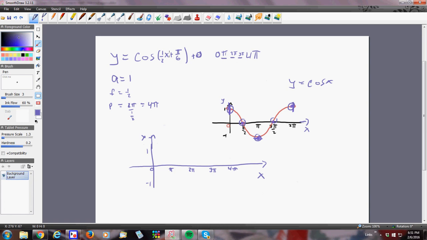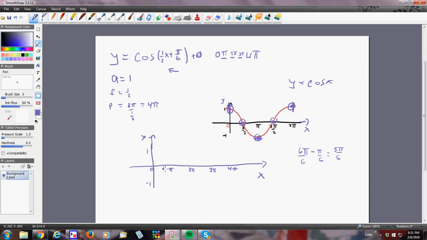Now, you'll remember a long time ago when you did transformation of functions, when you add to the x value, you're actually having a shift to the left. So really, I'm going to take pi, and I'm going to subtract pi over 6, and that'll give us a new value. So if this was 6 pi over 6, it'd be 5 pi over 6. Daddy?